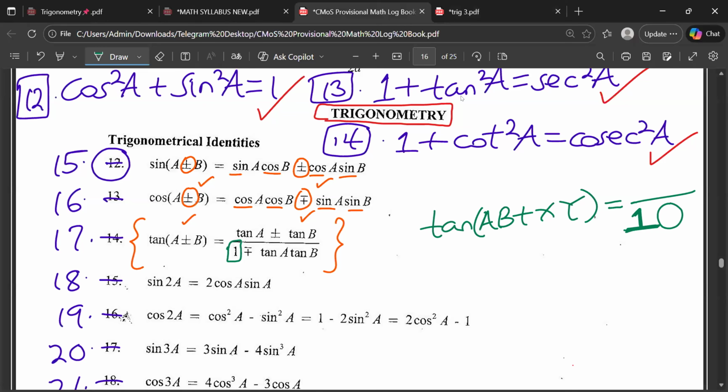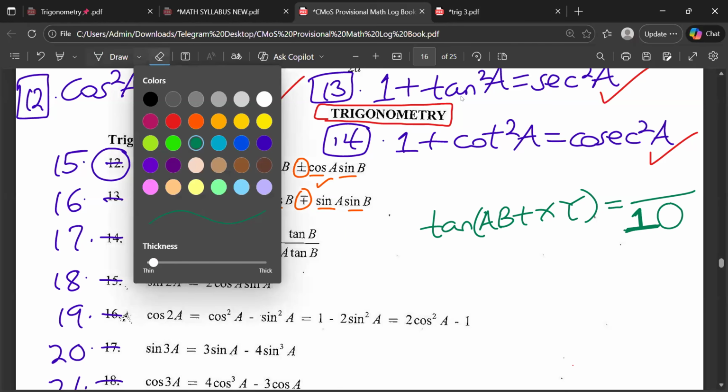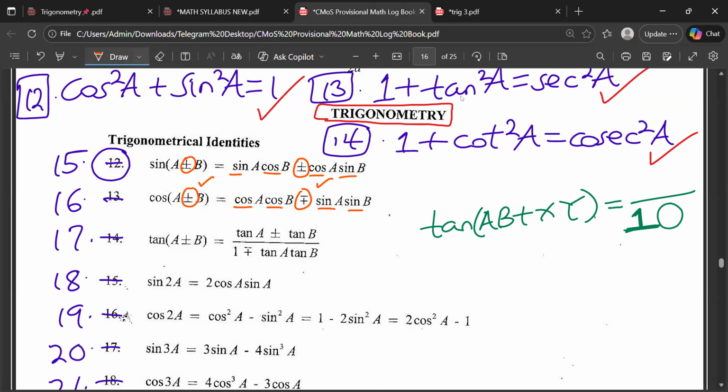So when I come here, you can see. One thing you can use to recall is that tan is sine over cos. Sine is the numerator, so we maintain the signs in between. That's why you can see plus minus even here.